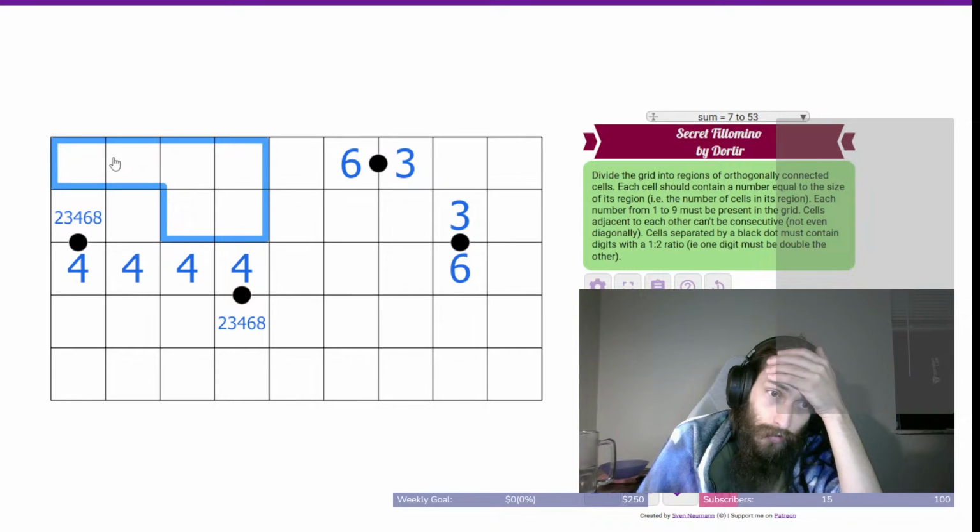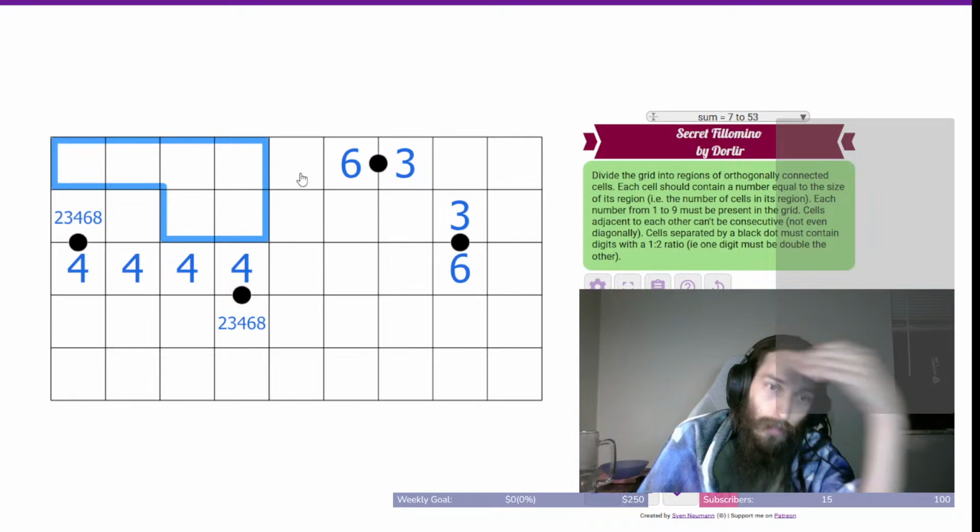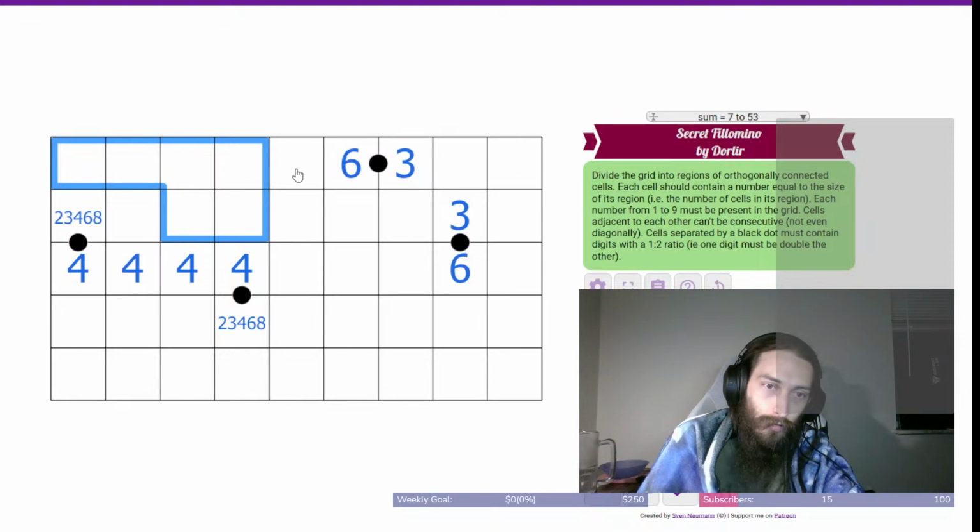Well, even if we tried to stuff it into this space, this is only 6. It can't touch this 6 here. So it can't take either of those two spaces. So there's not enough room to fit 2 and 7 up here.